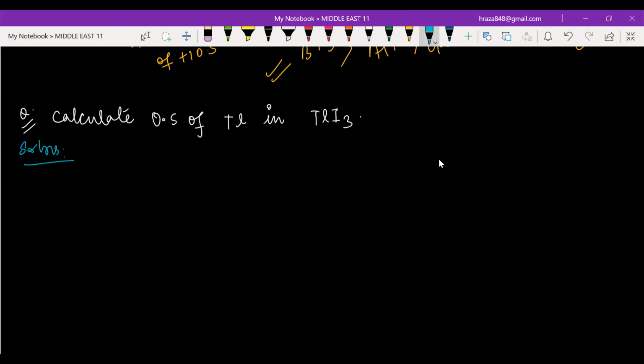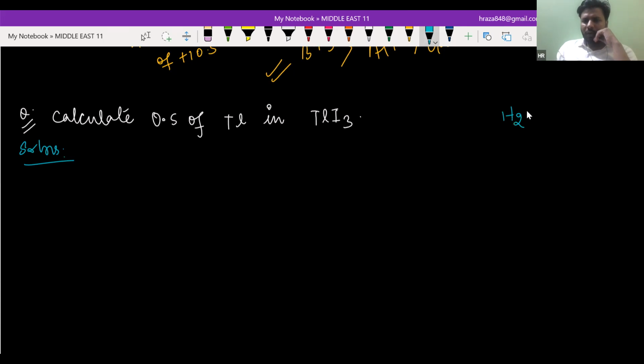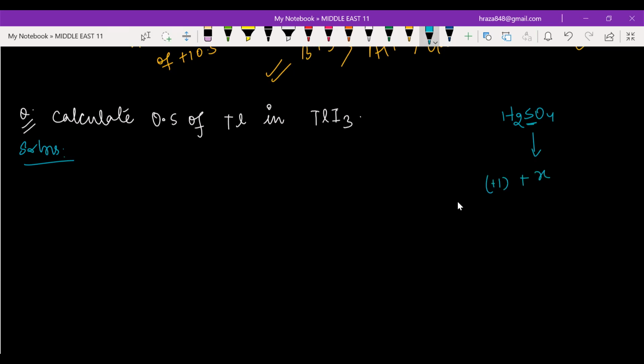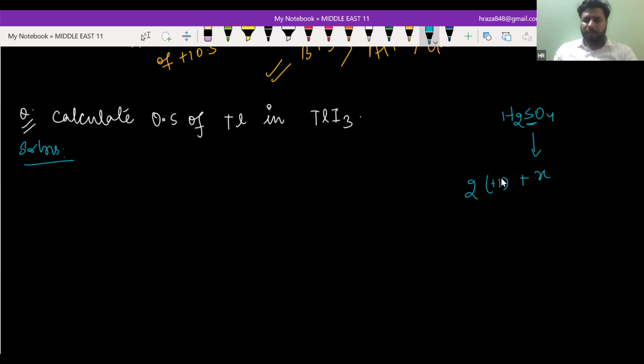Okay, basically, if you are going to calculate the oxidation state of sulfur in H2SO4, just let it be X. What is the oxidation state of hydrogen? Hydrogen is +1 because it can only give 1. So since 2 hydrogens are present, 2 into +1 plus X plus 4 oxygens, and oxygen is the second most electronegative element, and one oxygen needs 2 electrons, so it will be -2.